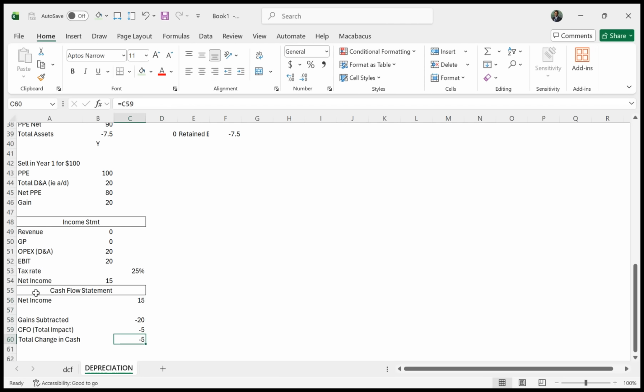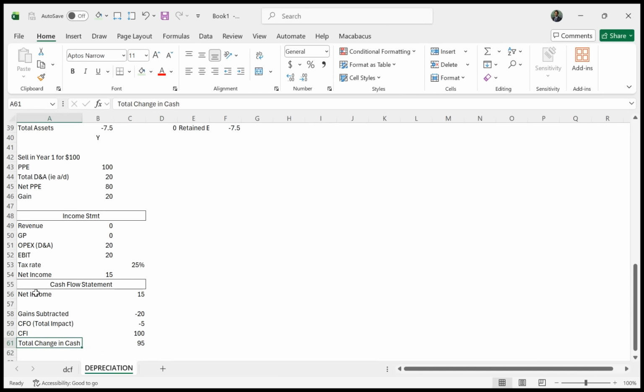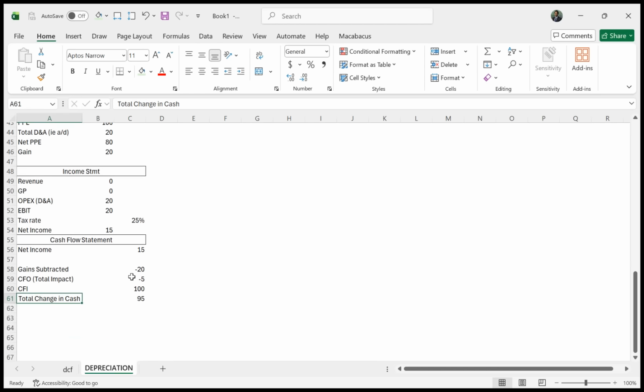So now you're looking at that, you're saying, okay, or wait. So hold on. No, you are incorporated, but here's what happens. So your CFI, you sold the equipment for $100. So it was a $100 inflow. So actually, $95 is the total change in cash here.